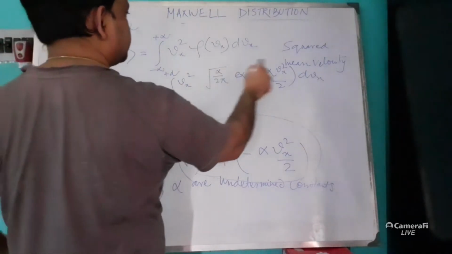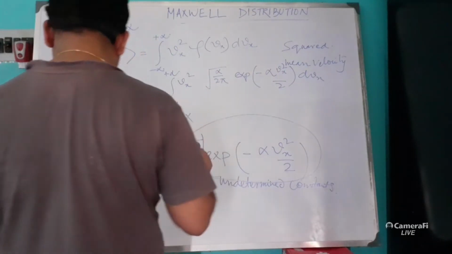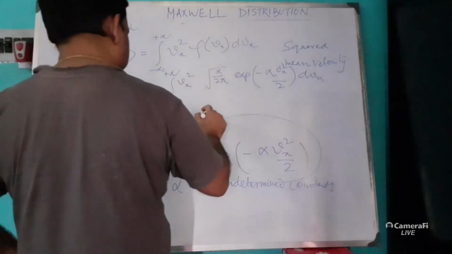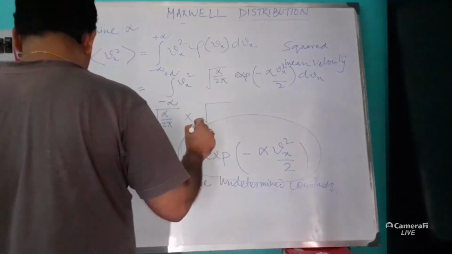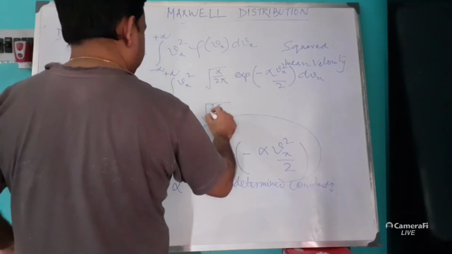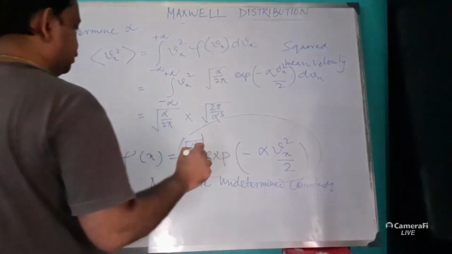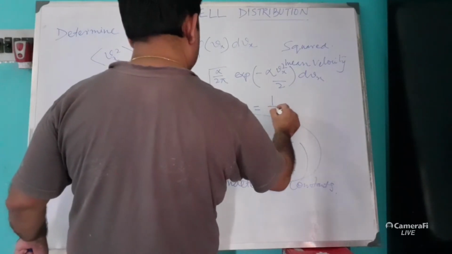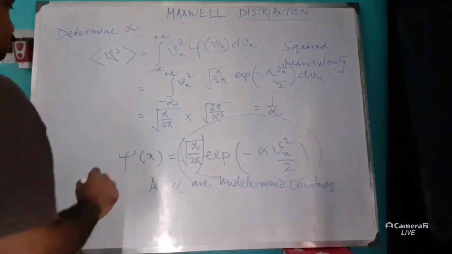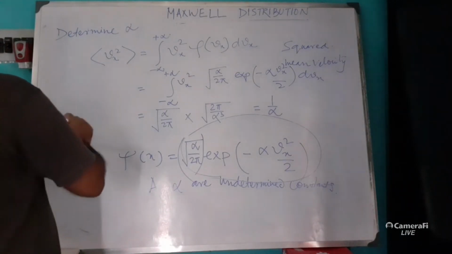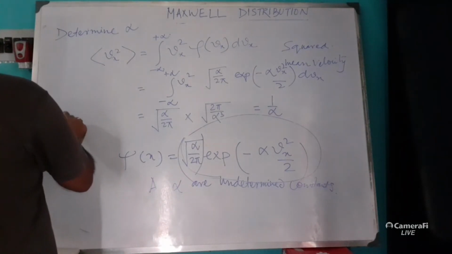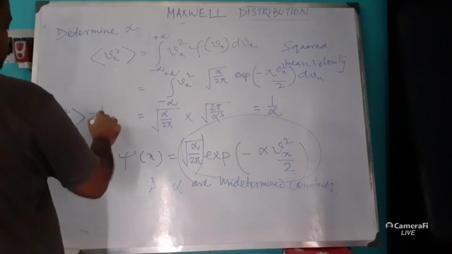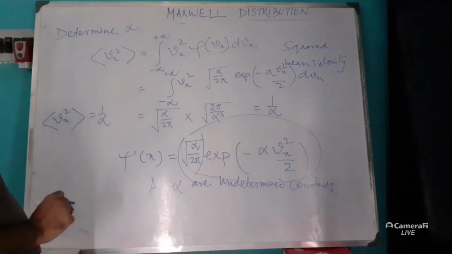This is again a standard integral, and this can be written as root over 2 pi by alpha cube. So what do you have? <Vx²> is equal to 1 by alpha.